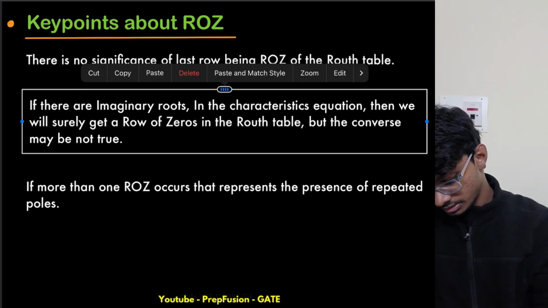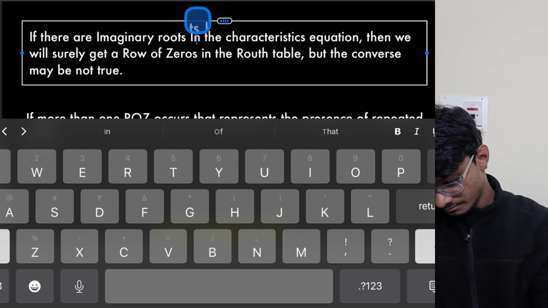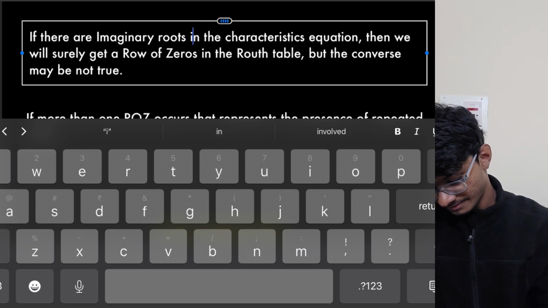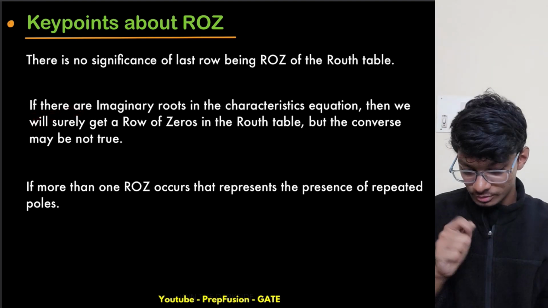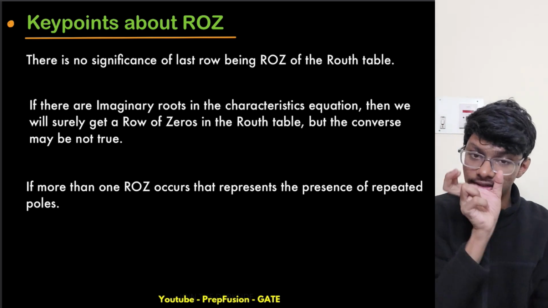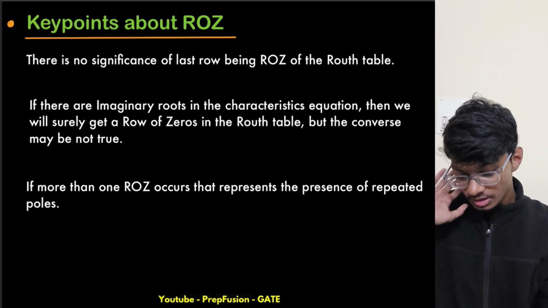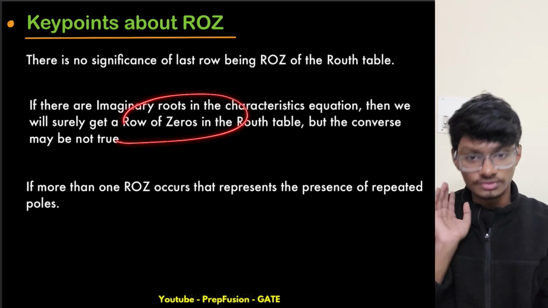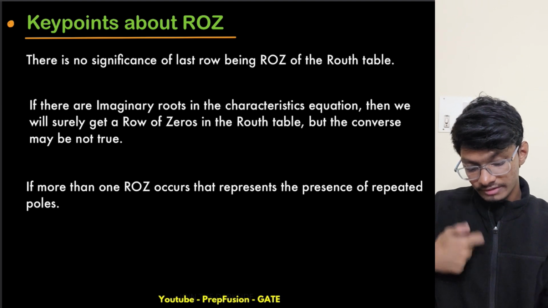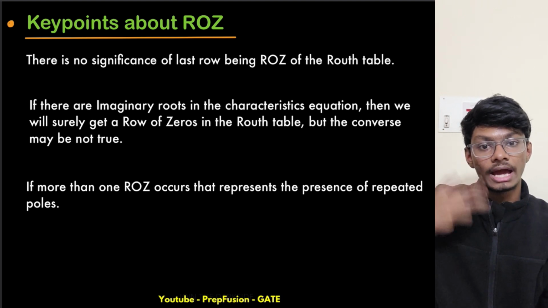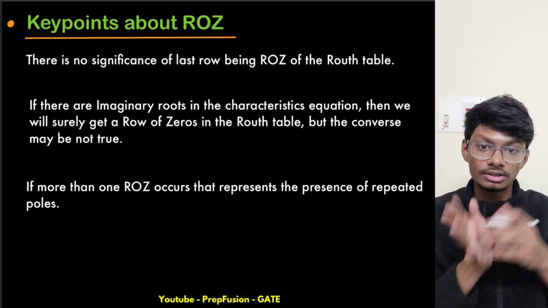If there are imaginary roots in the characteristic equation, then we will surely get a row of 0 in the Routh table, but the converse is not true. Sorry, this is actually written a bit wrong. If there are imaginary roots in the polynomial, then surely we will have a row of 0. That is confirmed. But if we have a row of 0, then it may happen that the roots are not imaginary. They may lie on the right half plane also.